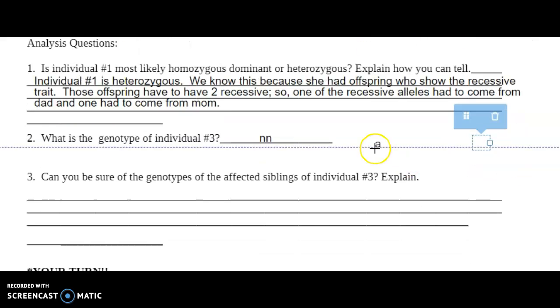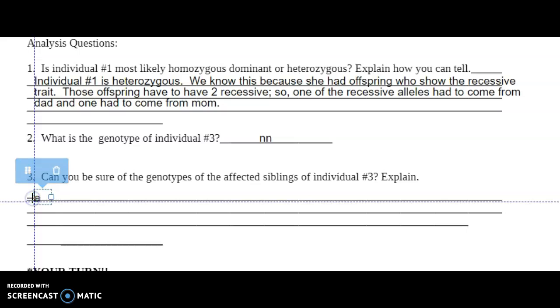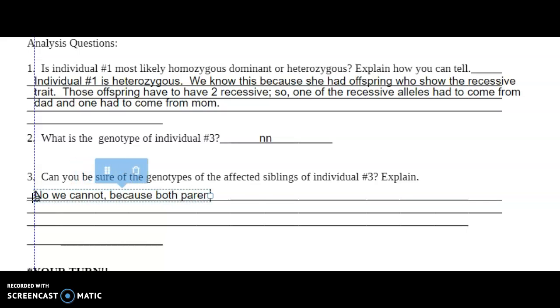So can you be sure of the genotypes of the siblings in number 3? The answer is no, we cannot, because both parents have a big N to give and a little n to give.